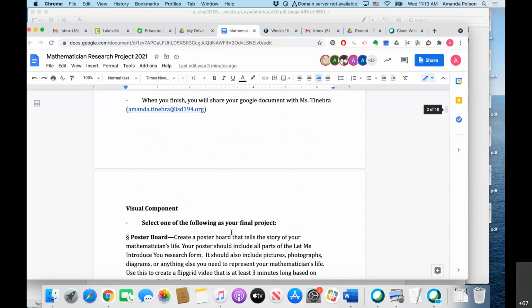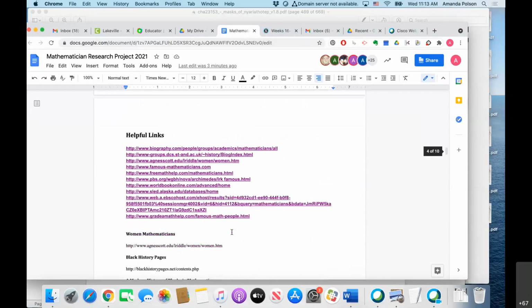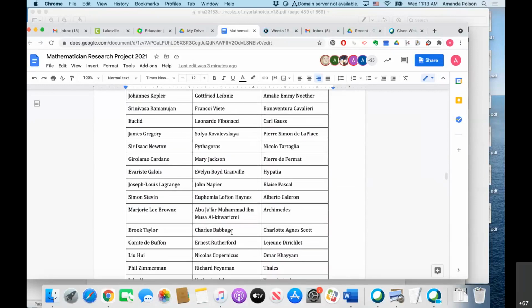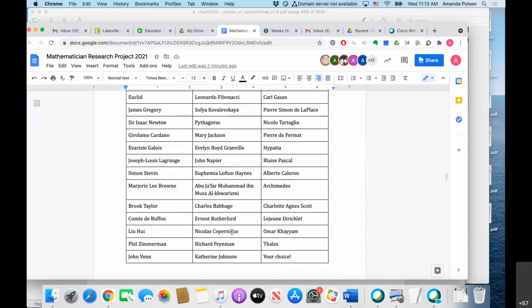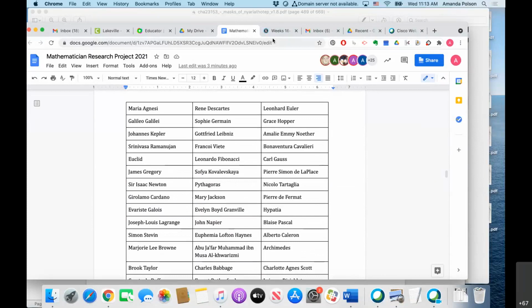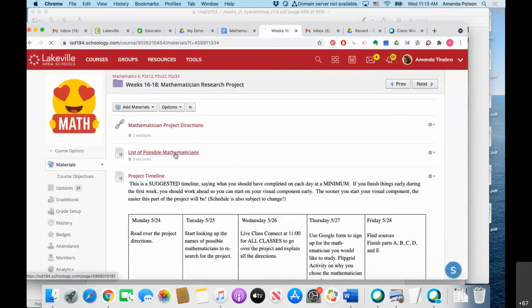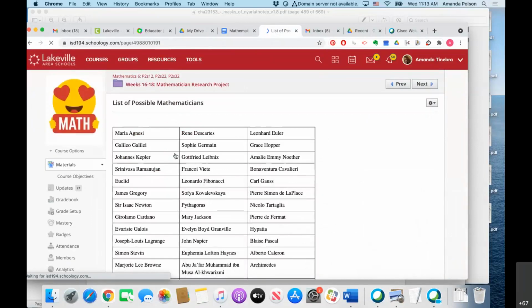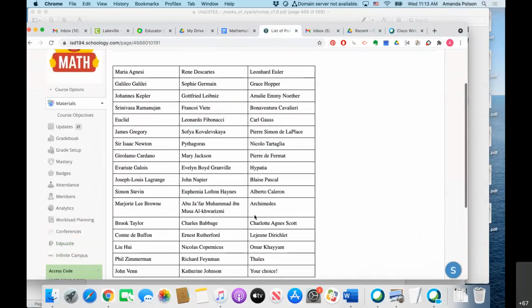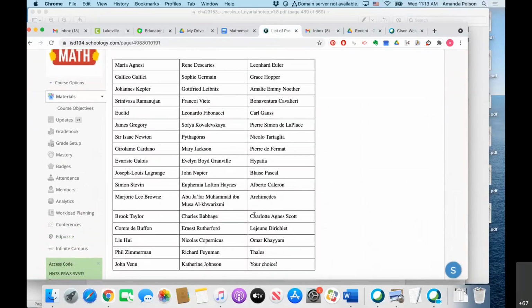The list is on this document. It's right over here. It's also in this folder. The list of possible mathematicians has the same list. These are all mathematicians who I know for a fact there is enough information on them online for you to complete the whole project, for you to answer all the questions, for you to do everything, okay?